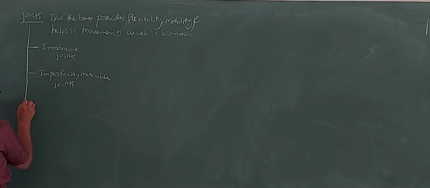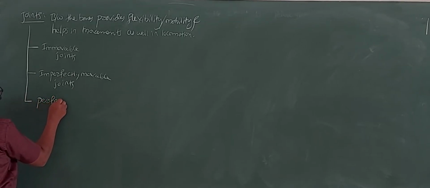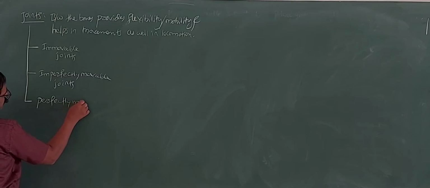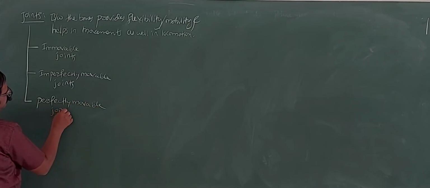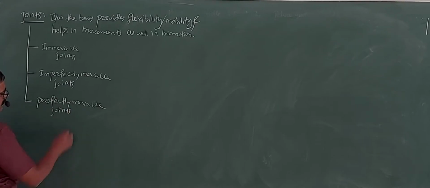The third one is called perfectly movable joints. These perfectly movable joints are also called synovial joints.